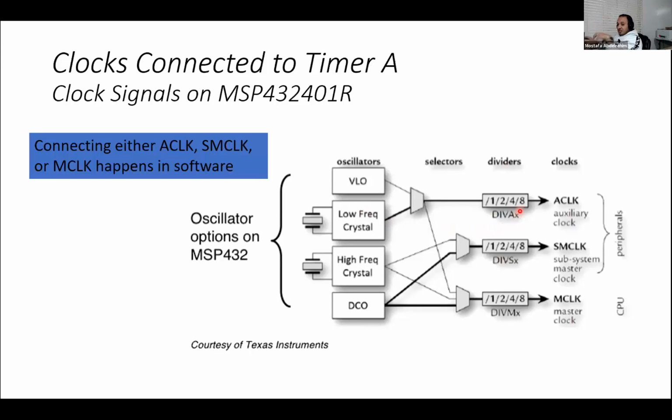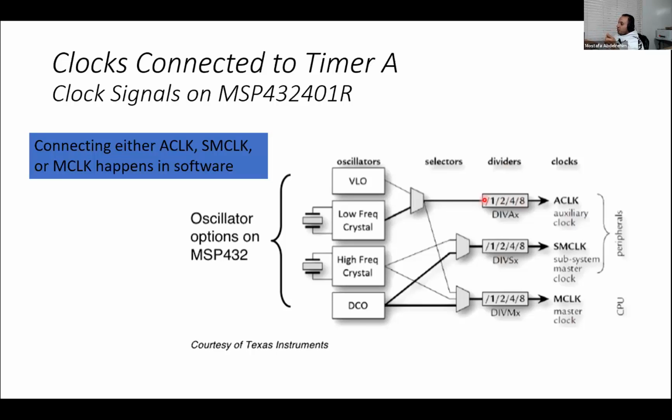Internally inside the micro, there are clock dividers. The output here is the original clock, 32 kilohertz. These dividers can divide by some integers so that you can generate even smaller clocks.